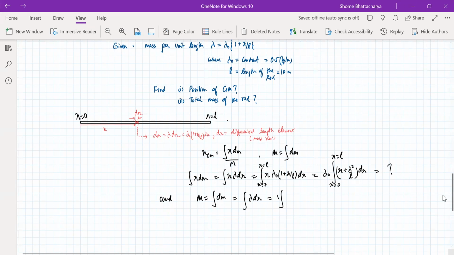That is integration of lambda naught into 1 plus x by L, integrated from x equal to 0 to x equal to L. So separately find out this much and then substitute these in the formula for the center of mass and find out the exact location of the center of mass, and also find out the mass of the rod in terms of lambda naught, which later we can convert to kgs. So work out these integrals and tell me what values you're getting, and then we'll calculate the center of mass's position and the total mass from that.